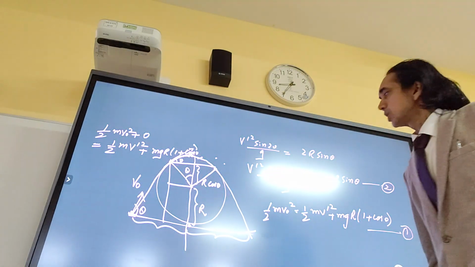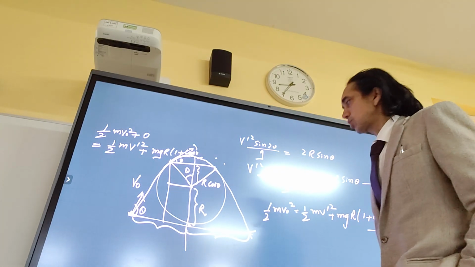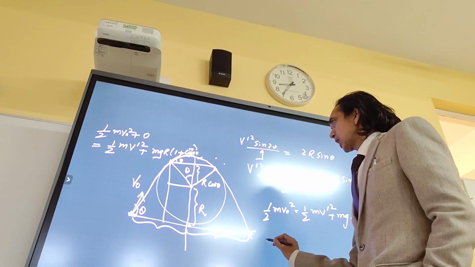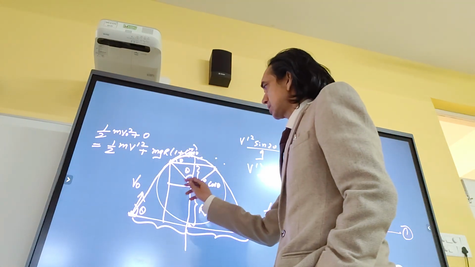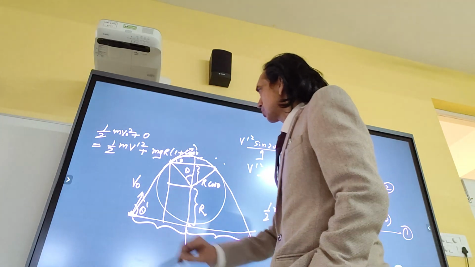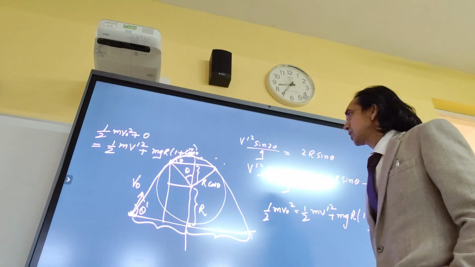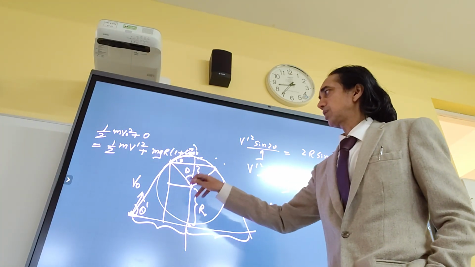From these two equations, those who don't want to use an energy equation, if you are in projectile motion and don't want to use it, no issues, we can use it this way. Whatever the angle is there, that angle is theta. This angle, mind you, don't take as theta, otherwise you get confused that they are the same; they are not. Take theta prime. We have not used that angle, we have used this theta.